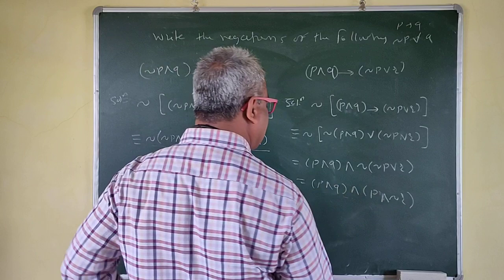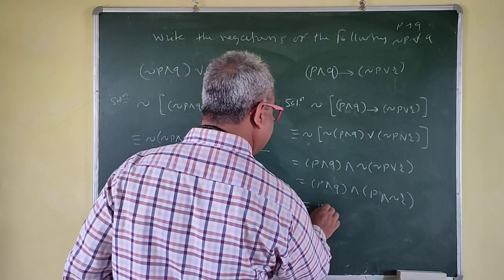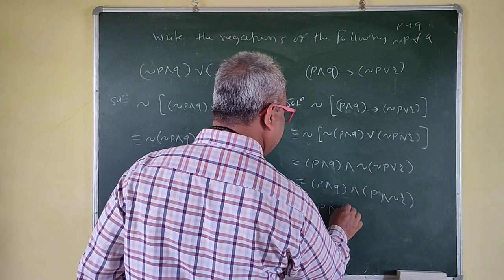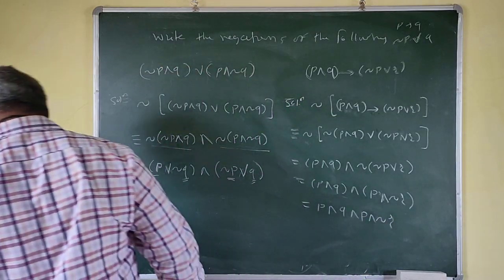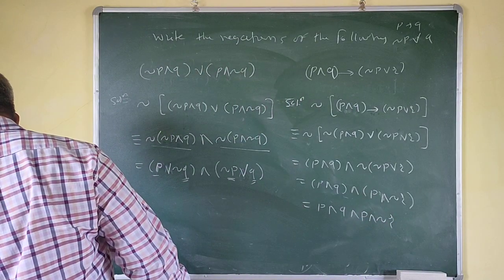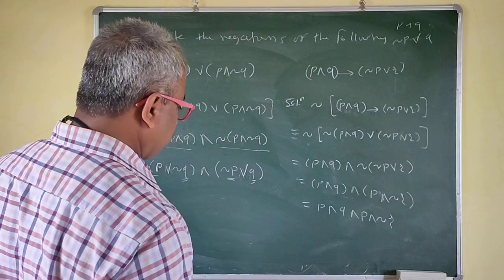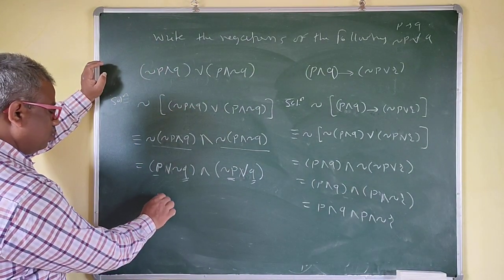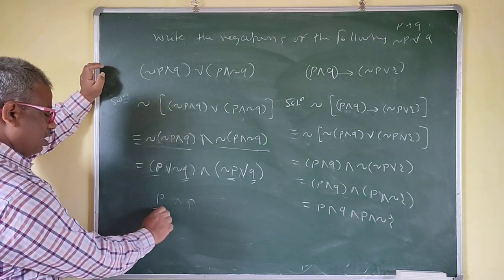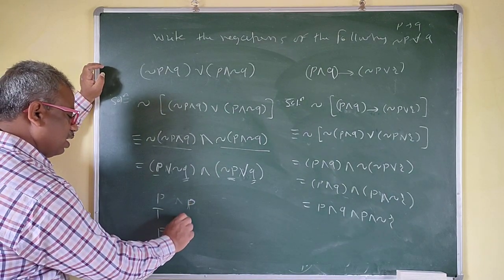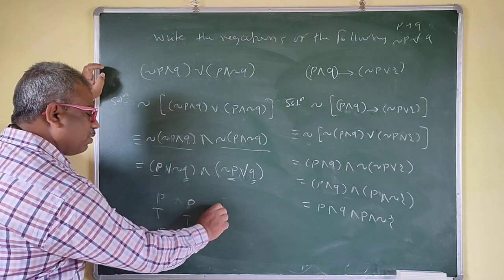Now see, all are and here, right? So this is P and Q and P and negation R. So what will be P and P now? We check: P is T, F. Your P is also T, F. You have to take P and P now.